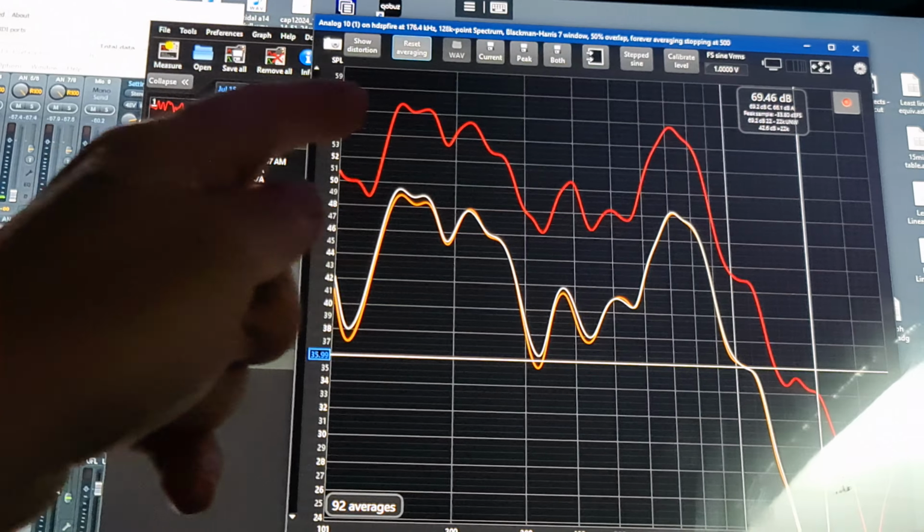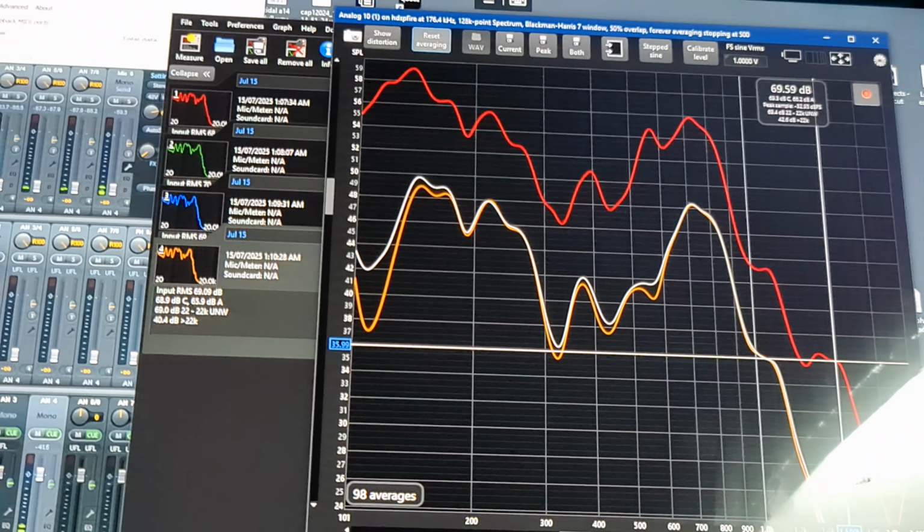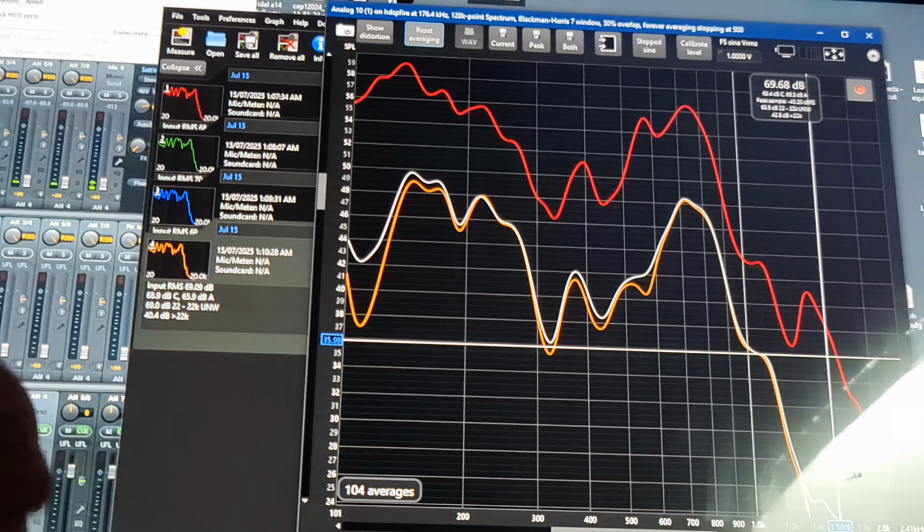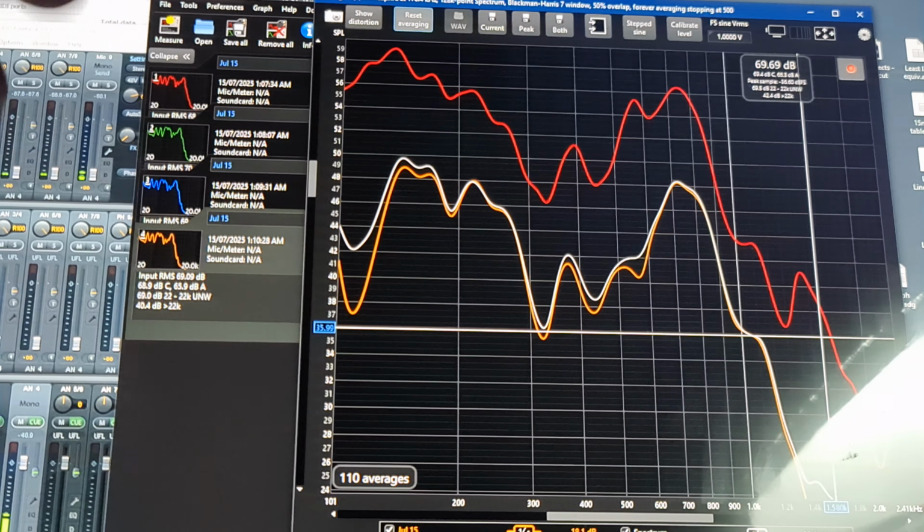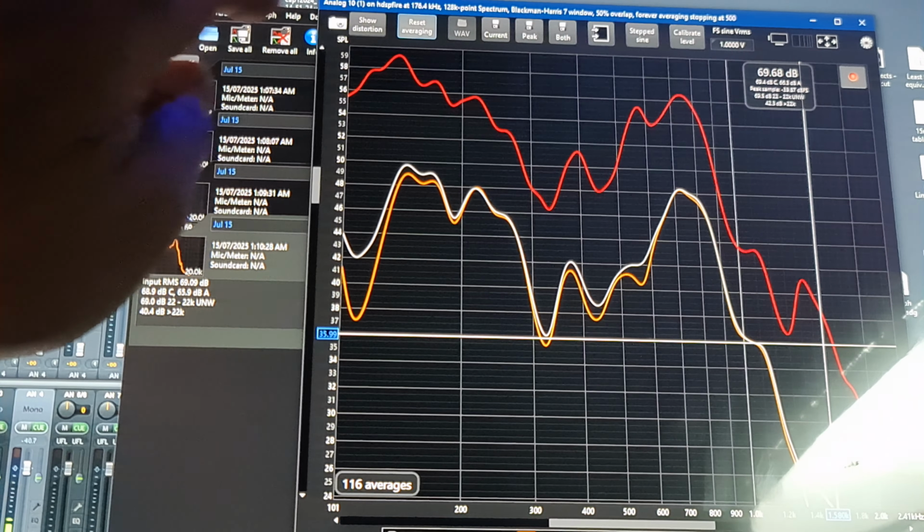I saw that jump up just then. I think it might have been a car going past. It's about 50 meters away down the street. I have to reset again.